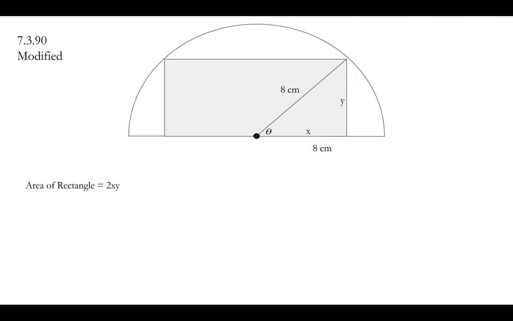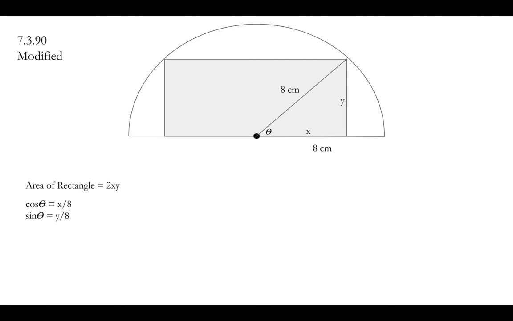Now, to find x and y, we're given the hypotenuse of this right triangle that's formed right here, and what we can do with that is right triangle trigonometry. We want to define x and y in terms of trigonometric functions.